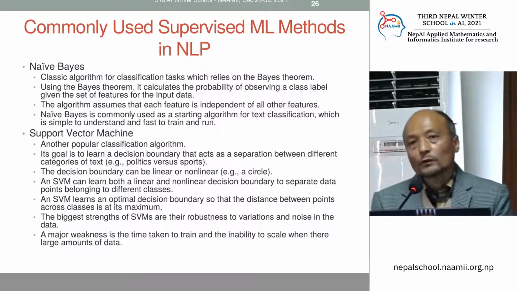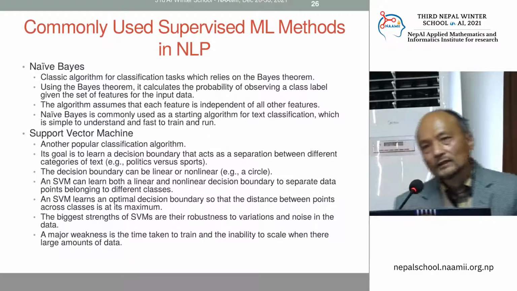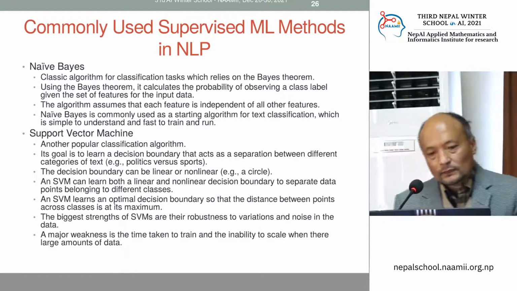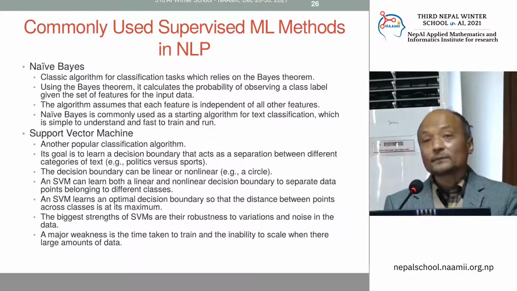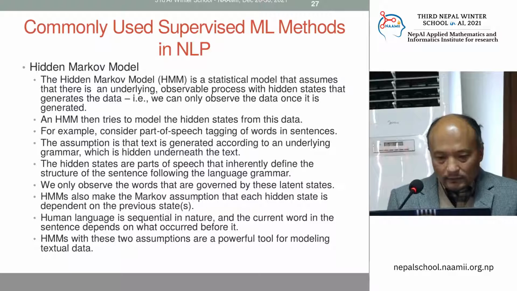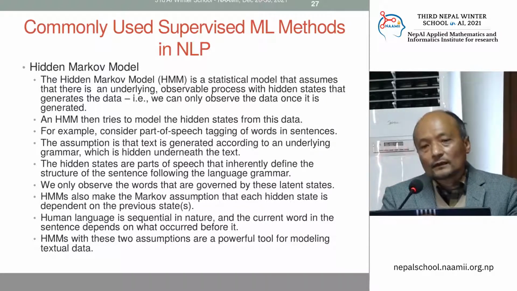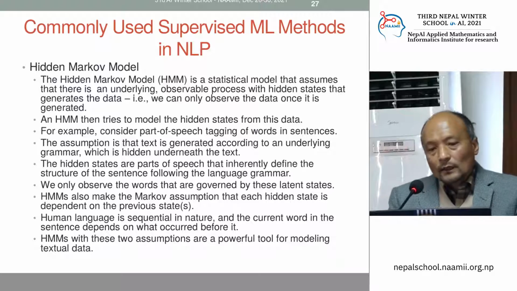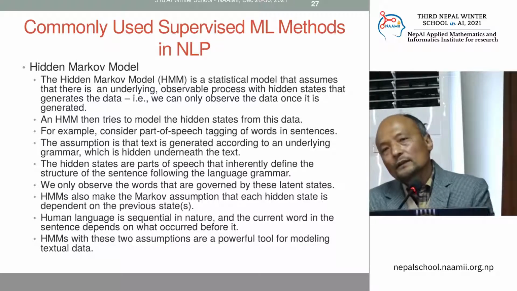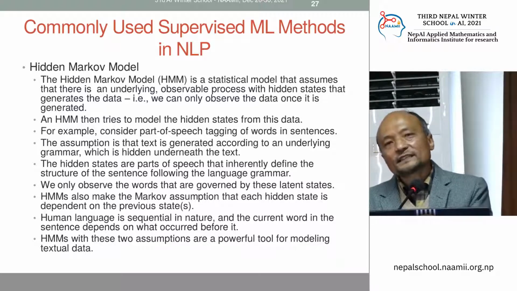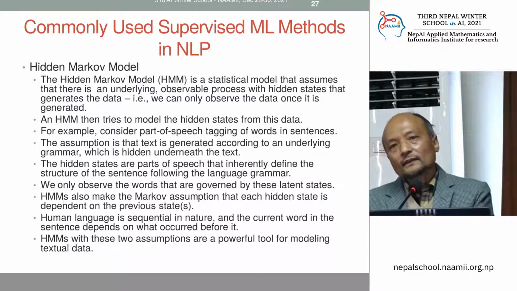The other one is support vector machines. That's also quite a popular approach, a classification algorithm that's applied to text classification as well. So hidden Markov model is another model here. It's a statistical model, and it's applied for a wide range of tasks like parts of speech tagging, or even speech recognition.